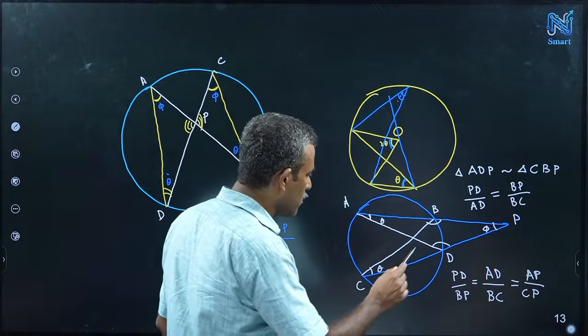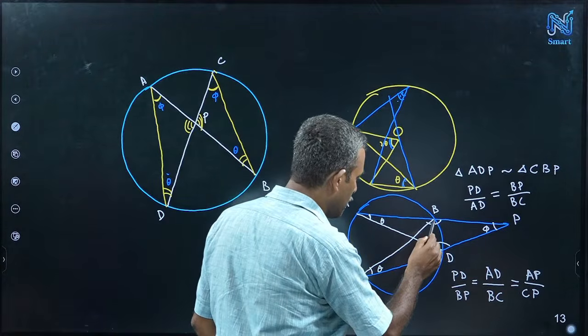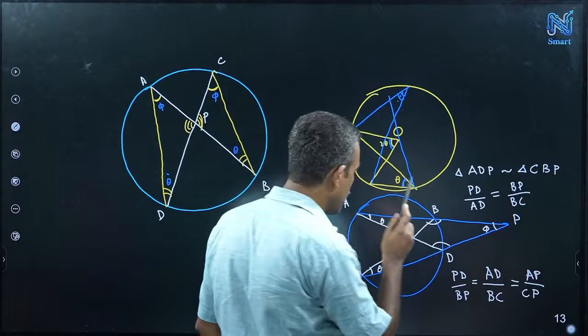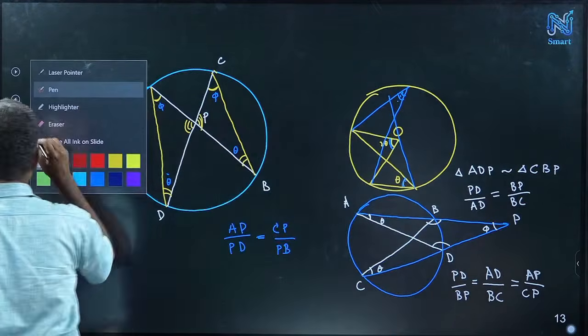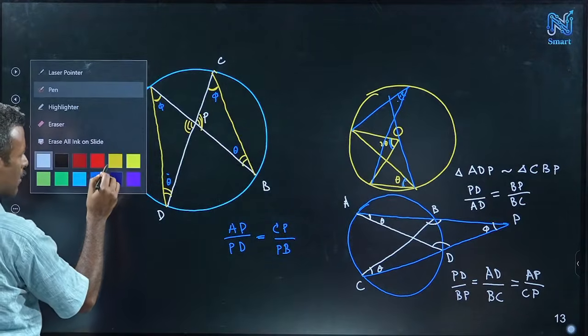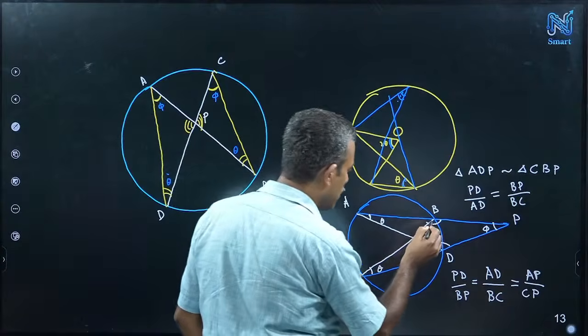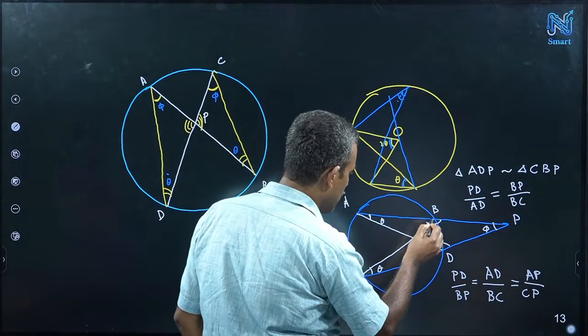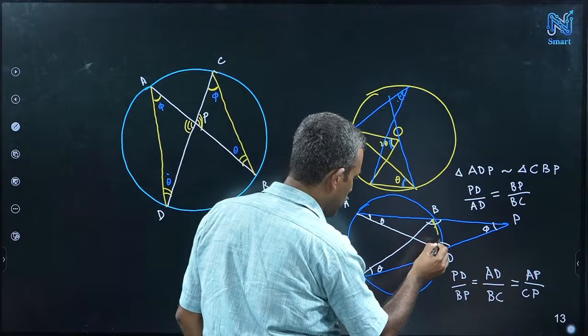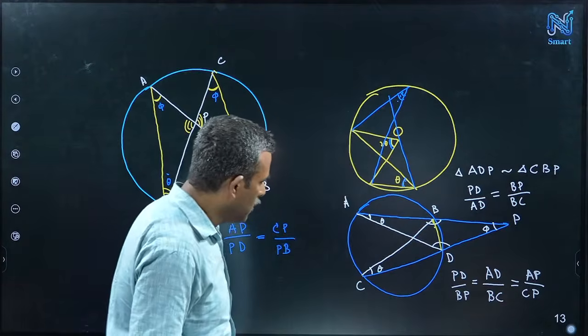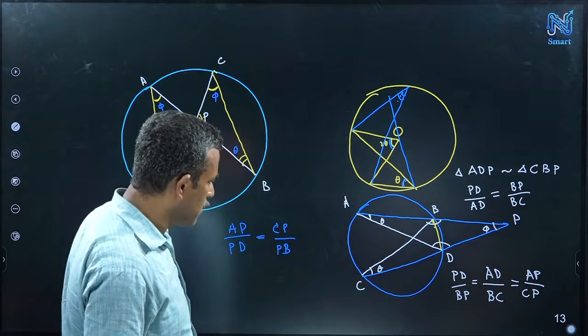We need this triangle also. We have to draw this triangle. We have to join this, BD. AC is not needed, I think. We join BD. In joining BD, what do we get?